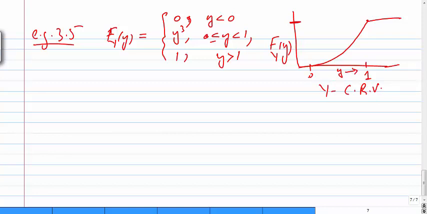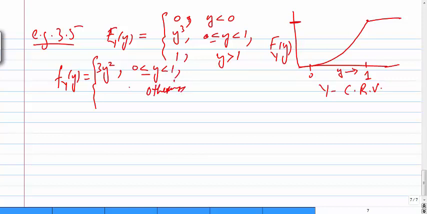Now if I calculate the PDF, what we have to do is take the derivative. We take the derivative of y cubed, which becomes 3y squared, when y is between 0 and 1, and otherwise it is 0, because the derivative of 0 is 0 and of a constant is also 0.